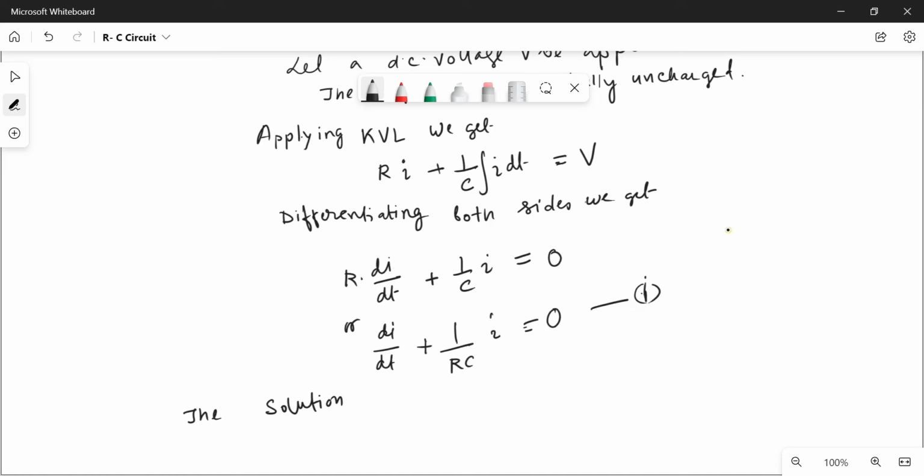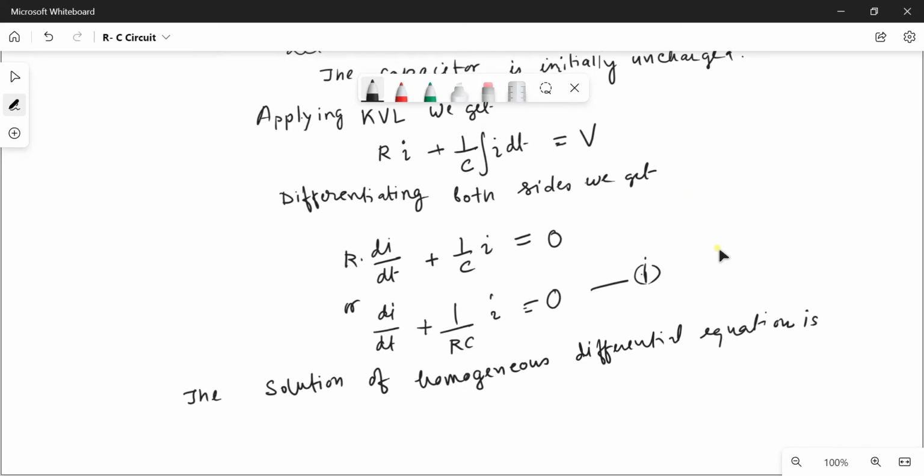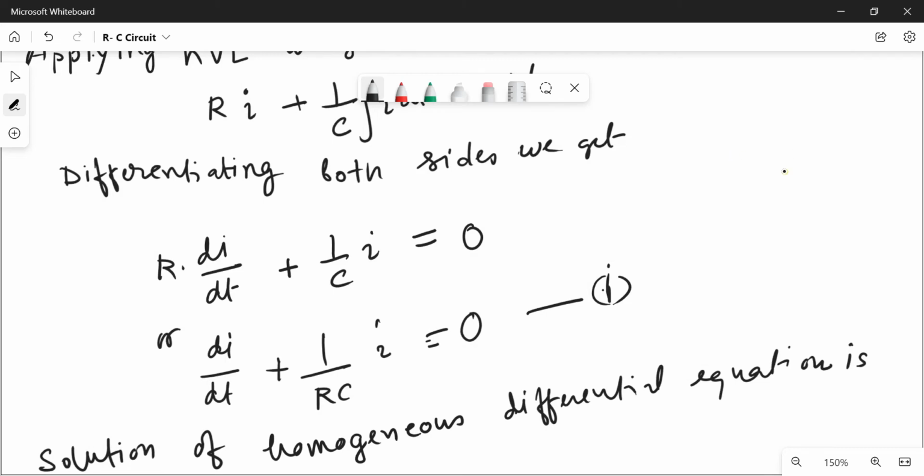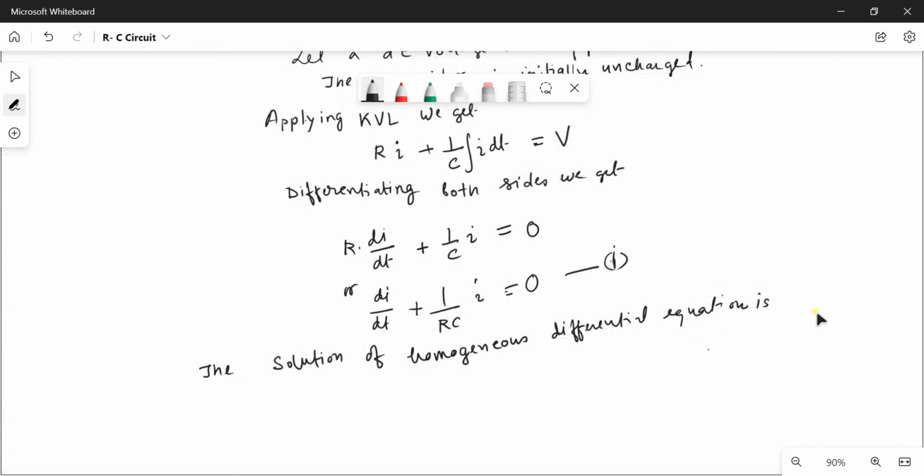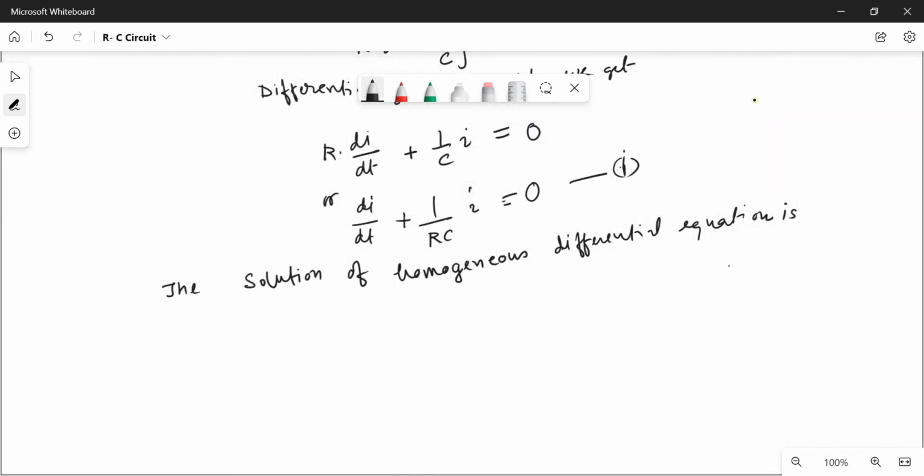And the solution of this type of differential equation is i is equal to C into e to the power minus t by RC.